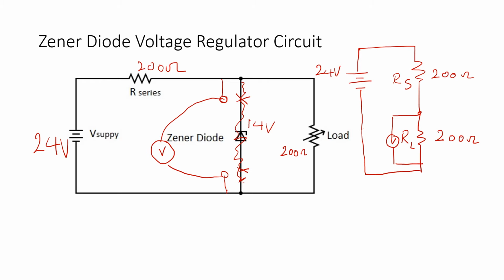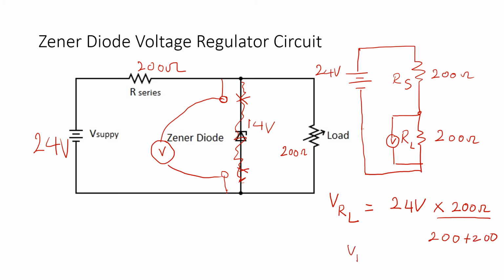So VRL is simply the V supply, 24 volts, multiplied by the load resistor, divided by 200 plus 200.